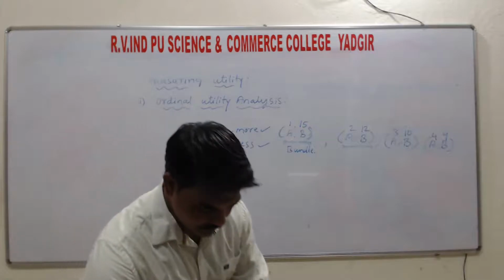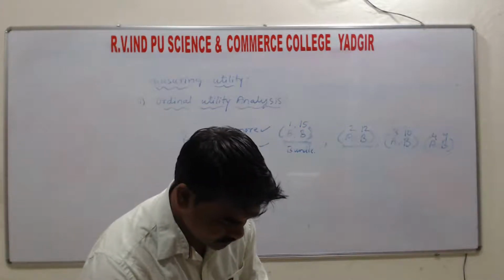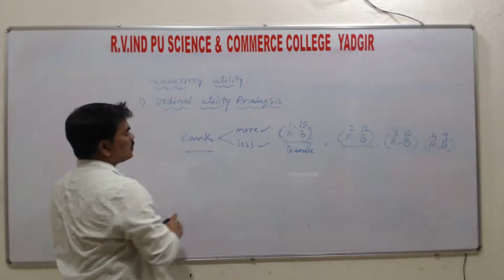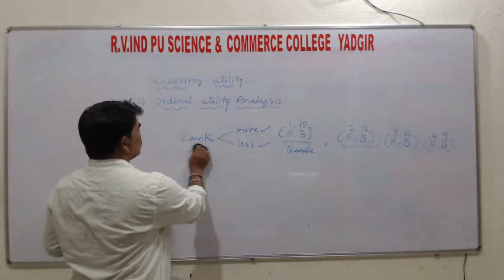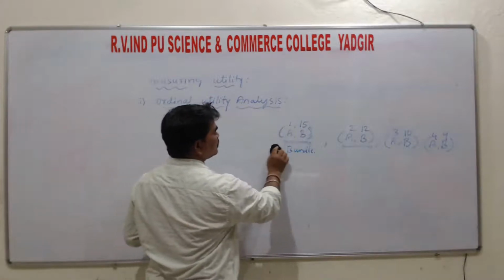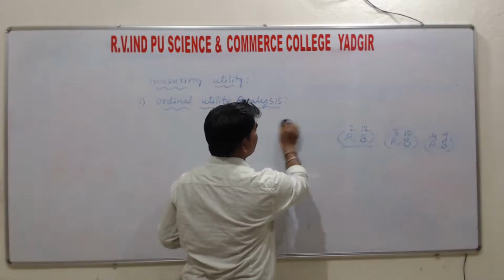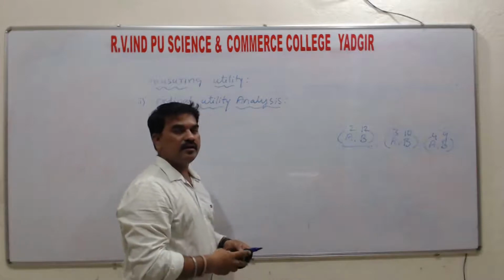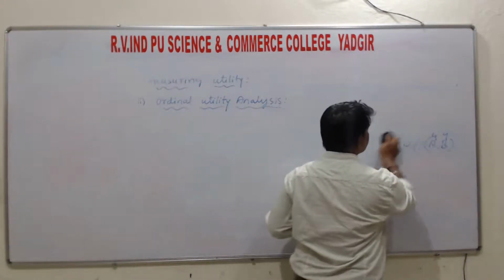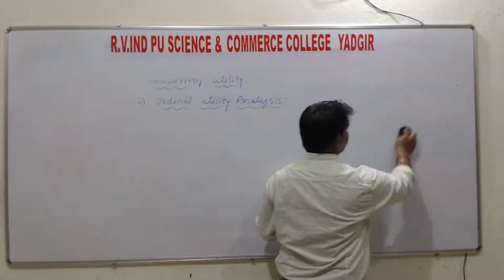Right? So it is a bit difficult to measure the utility in terms of numbers, but we can rank a satisfaction level, whether they are more satisfied or less satisfied.